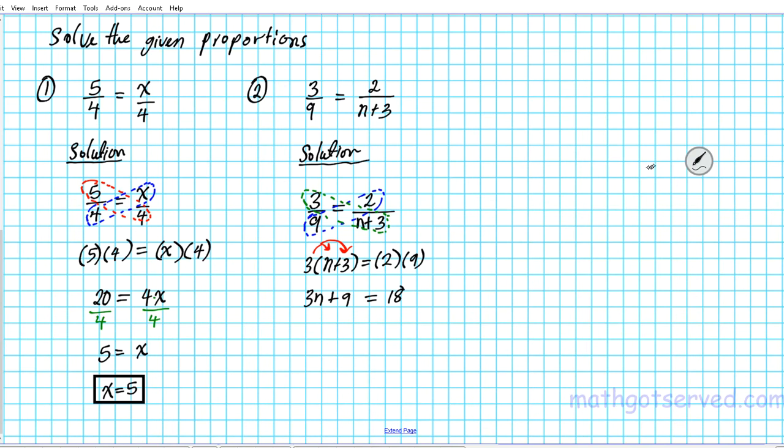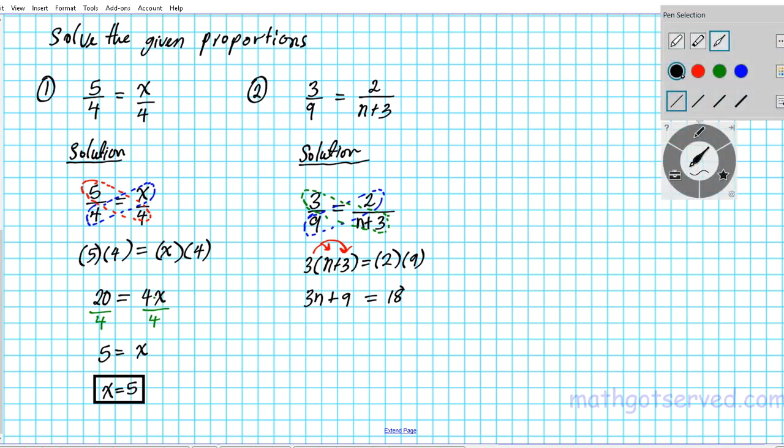Now to solve this linear algebraic equation, we're simply going to subtract 9 from both sides and divide by 3. If you subtract 9 from both sides, that yields 3n.